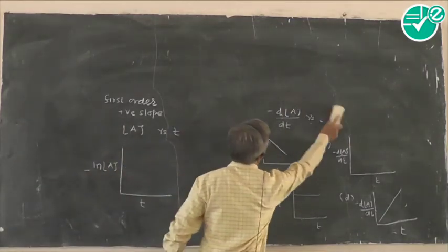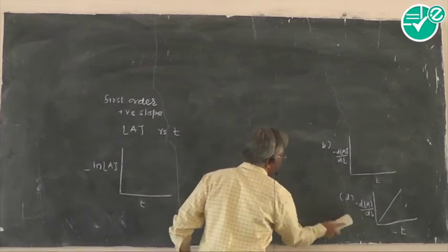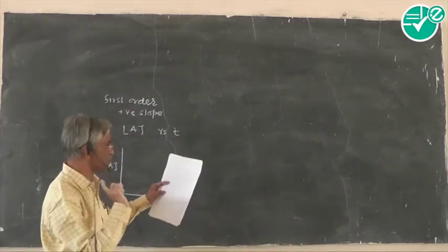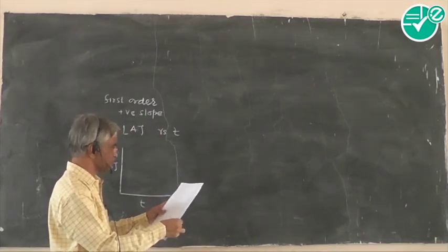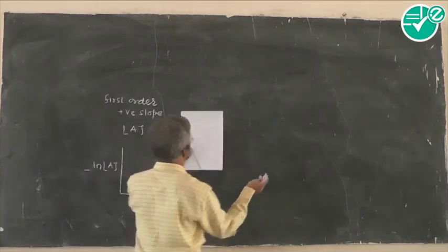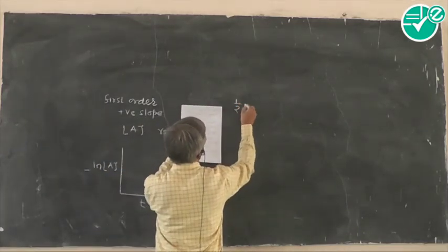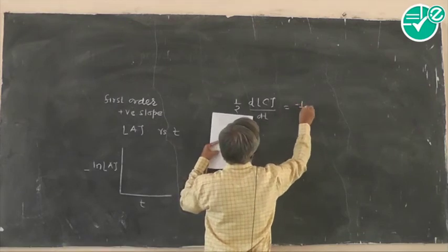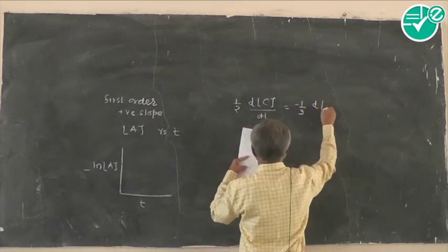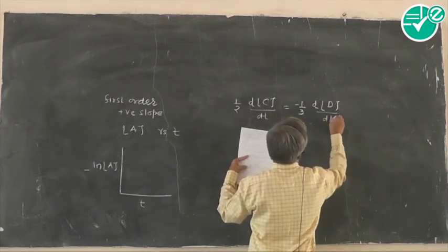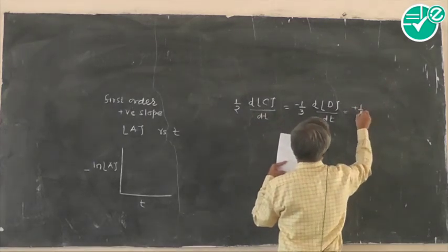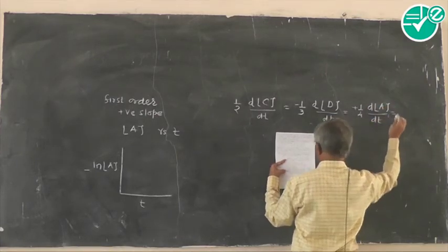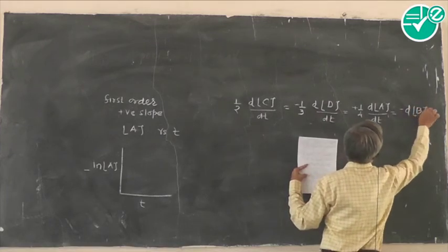This is the simple one, but generally we used to go for multiple objectives of determining the rate or the rate constant, instantaneous or average, but they have given the average rate expression of the instantaneous, like this: 1/2 rate of change of concentration of C with respect to dt will be equal to minus 1/3 change in concentration of D with respect to dt will be equal to plus 1/4 differentiation in concentration of A with respect to dt will be equal to minus differentiation in concentration of B with respect to dt.